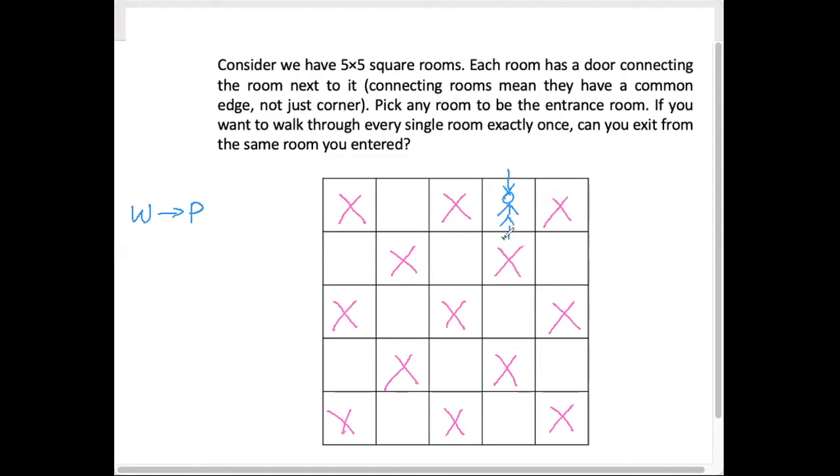Let's say we choose to go to this one. Now we're here, and the same thing applies: no matter which choice we make, we end in a white room.